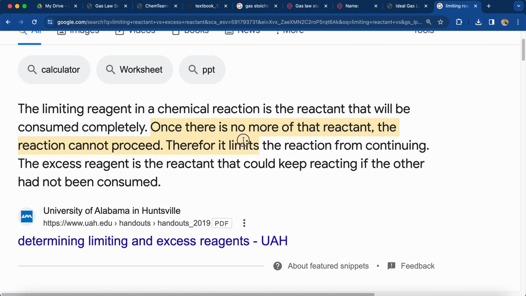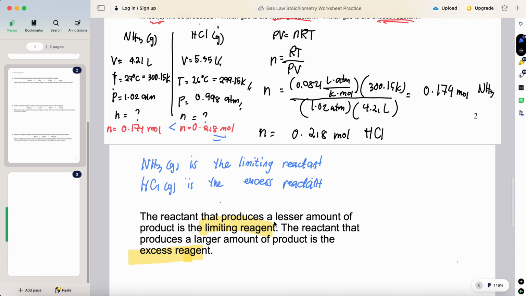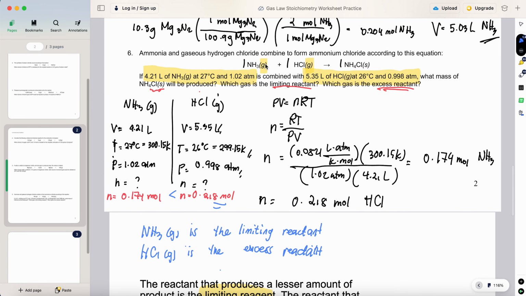And once there is no more of that reactant, the reaction cannot proceed. Therefore, it limits the reaction from continuing. Meanwhile, the excess reagent is the reactant that could keep reacting if the other had not been consumed. So, it means that if dili mahurot si ammonia, ang magpadayon og react is si HCl.